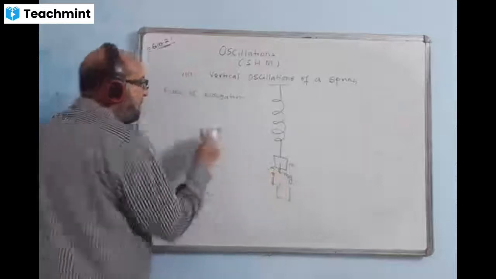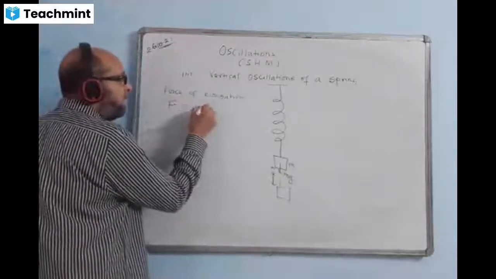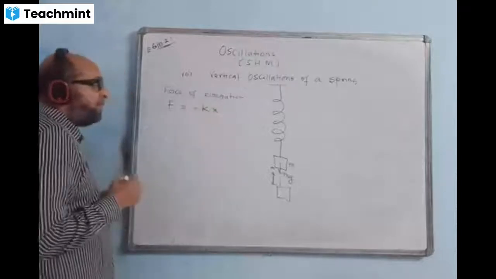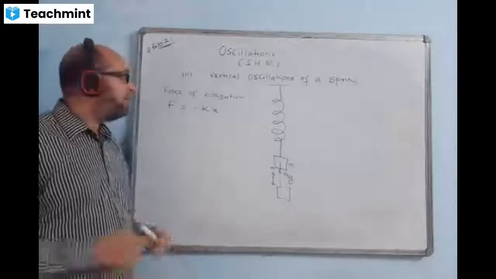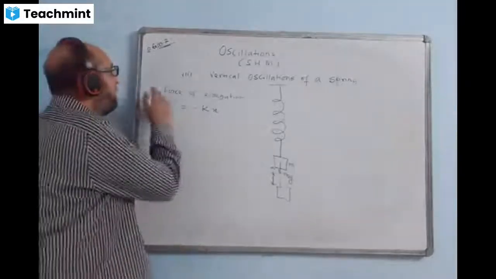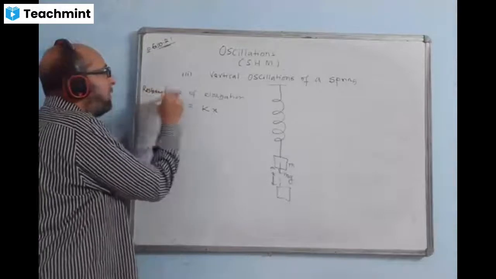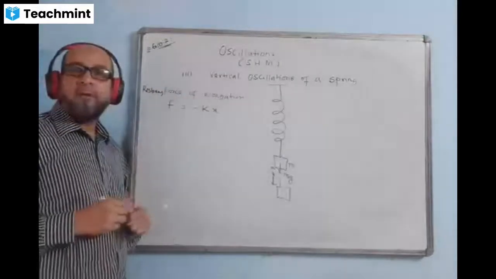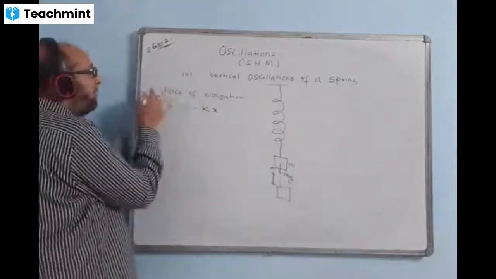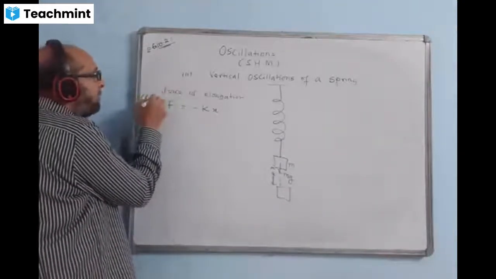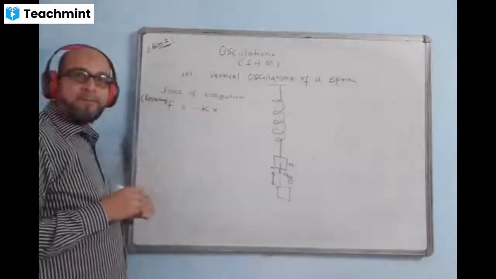This force of elongation F will be equal to minus kx. Force of elongation will be opposite to the displacement. Or we can write here restoring force. Restoring force will be equal to the force of elongation. Force of elongation, under bracket you write restoring. They will be equal. F is equal to minus kx.